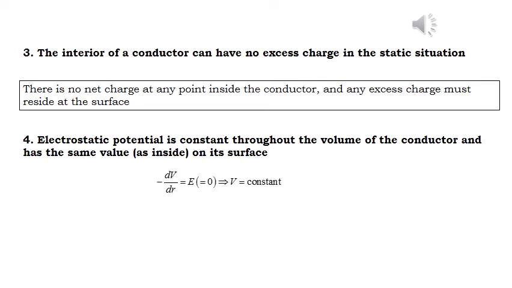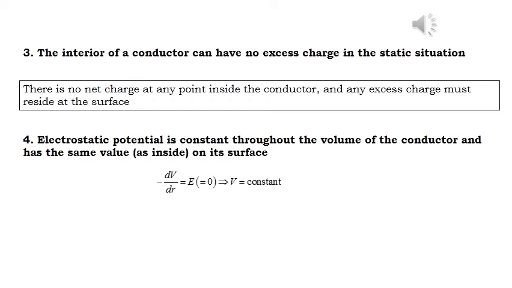For the next point, the electrostatic potential is constant throughout the volume of the conductor. Why? Because inside, the electric field is 0. So electric field is the negative of the potential gradient. Then electric field is 0 means dV is also 0. dV is 0 means V must be constant.